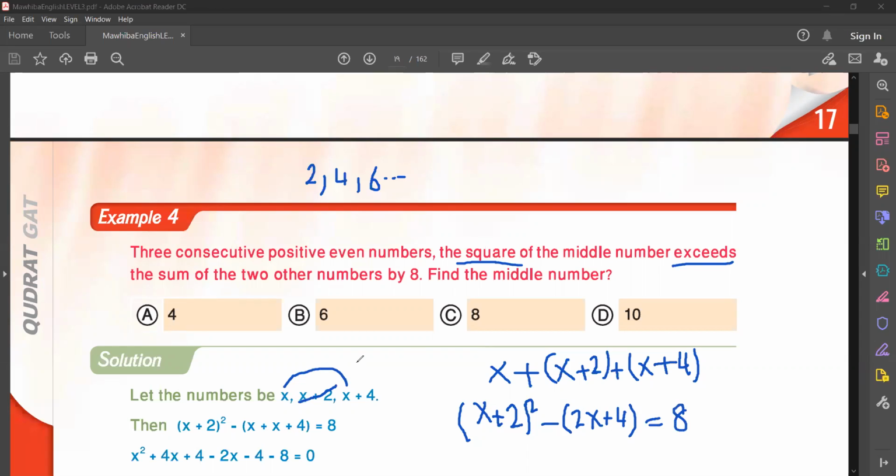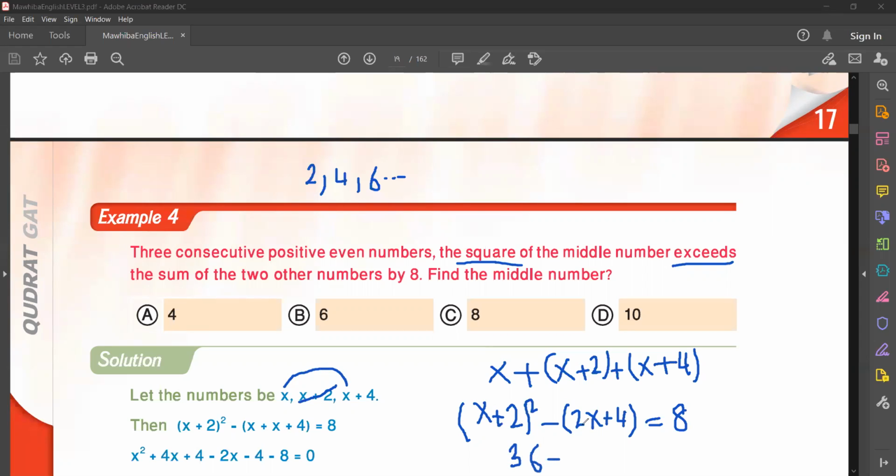Okay, can I solve this problem? Yes, you can. You only substitute here. Try it, if you choose 4. Okay, put it here 4. 4 plus 2 is 6. 6 squared is 36.